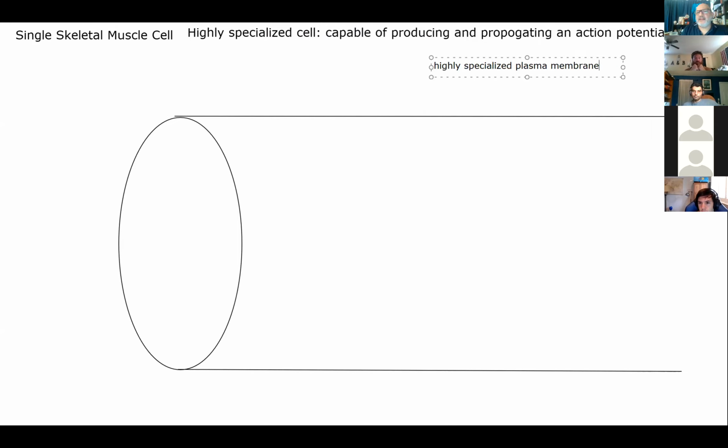And because it is a highly specialized plasma membrane that is able to produce and propagate an action potential, as I just wrote it right above, I will just abbreviate it there. We give it a fancy name. And so the fancy name for the plasma membrane of a skeletal muscle cell is a sarcolemma.